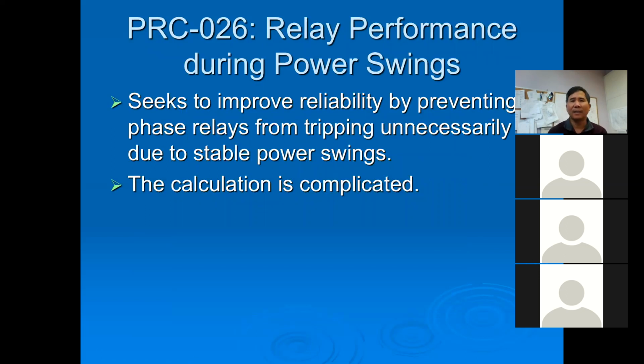By the same token, with the same kind of approach, we have a tool that calculates the threshold or the limit that the relay should respect to perform correctly during the power swing, and the calculation here is also automatically done based on the network model that you already have at the relay location.